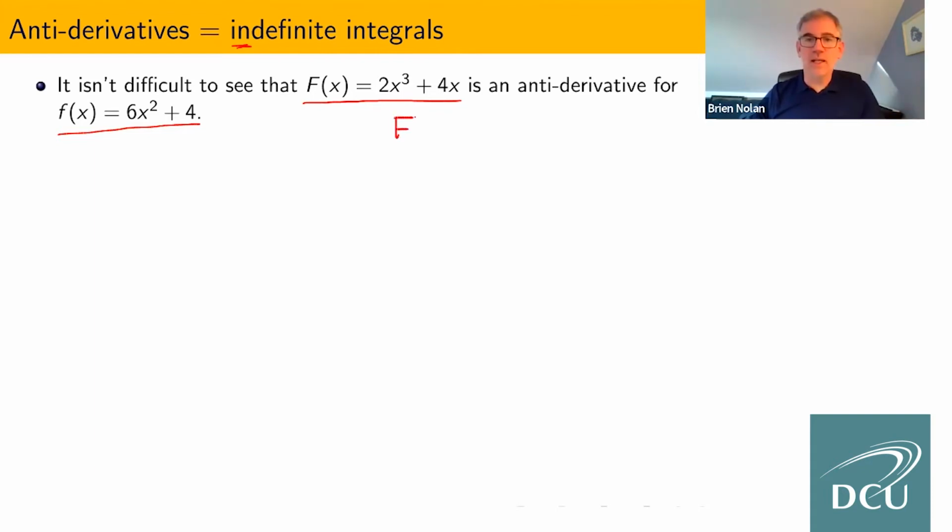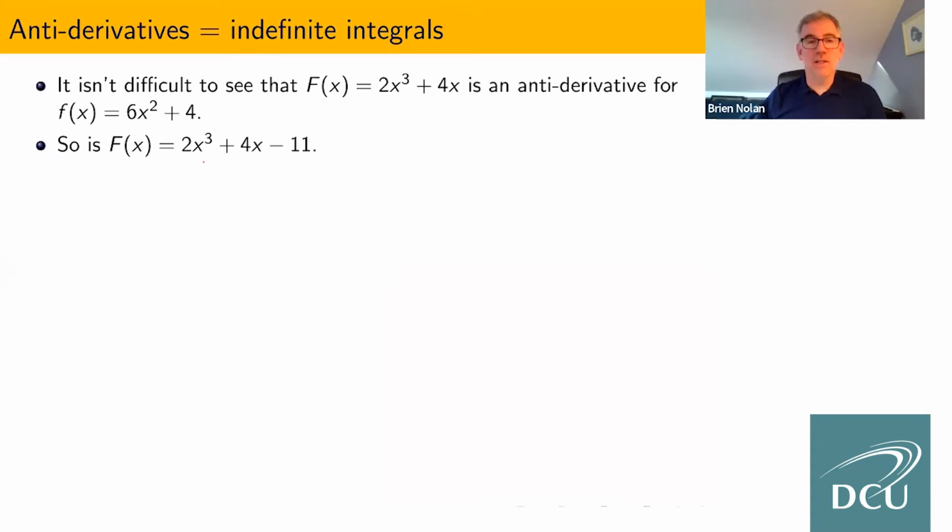When I calculate capital F prime, I leave the 2 alone, I differentiate x cubed and get 3x squared, and when I differentiate 4x, I get 4. So that, sure enough, is equal to 6x squared plus 4. I'm happy that this function capital F is indeed an antiderivative for little f, because when I differentiate capital F, I get little f.